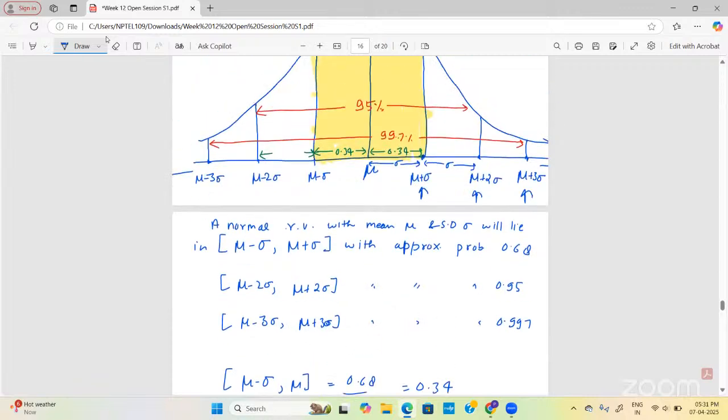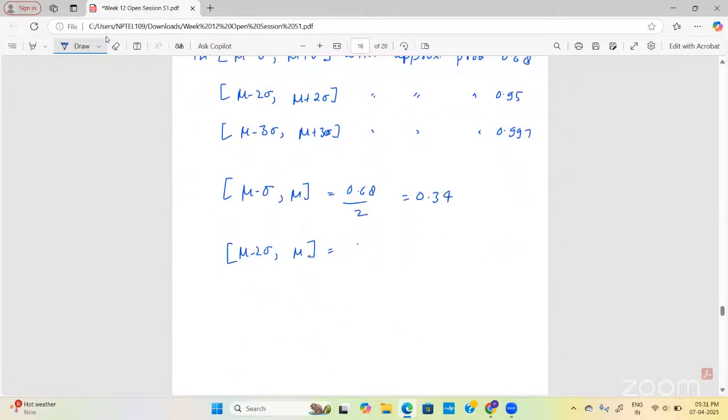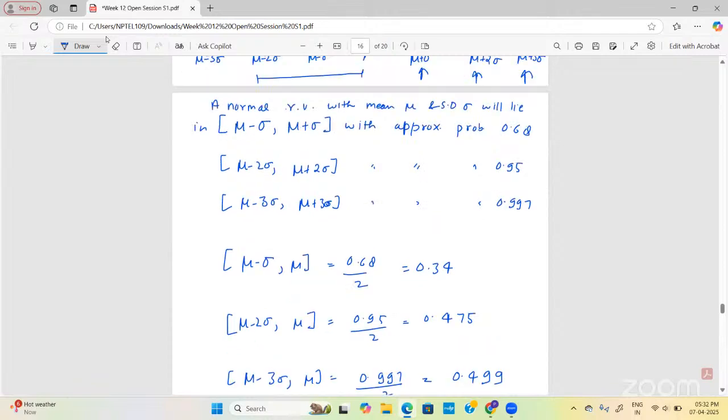So mu minus 2 sigma, from here up to mu, should be half of 95%, which means 0.95 divided by 2, which is 0.475. Now similarly for mu minus 3 sigma to mu, this should be equal to 0.997 divided by 2, which is 0.4985, sorry, 0.49.